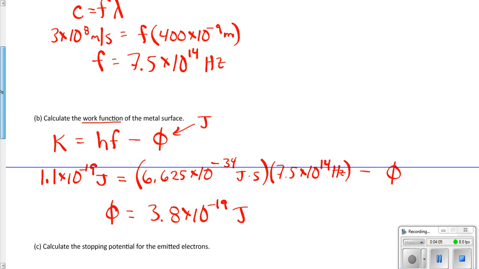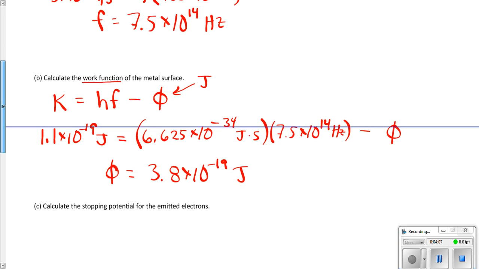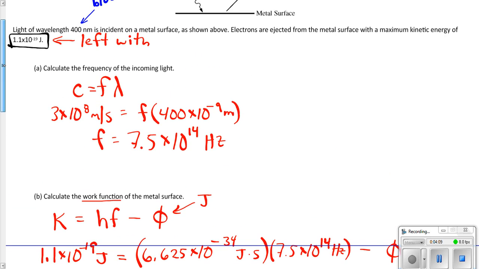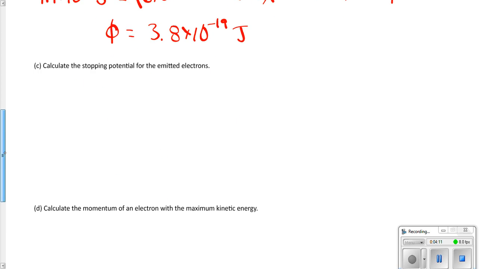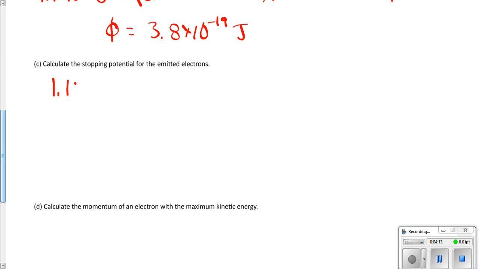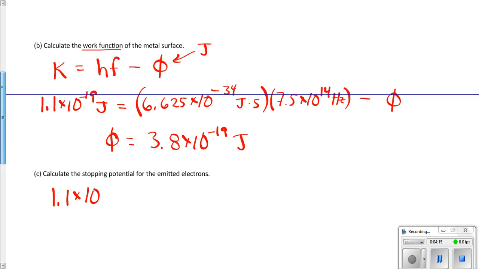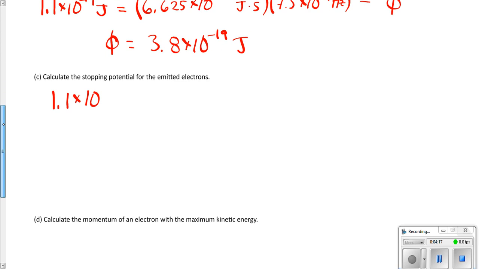So the stopping potential is the voltage that's required to stop the electrons. Well, we know those electrons leave with 1.1 times 10 to the negative 19th joules of energy.